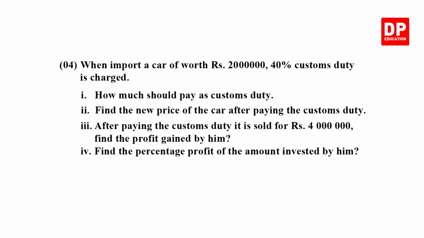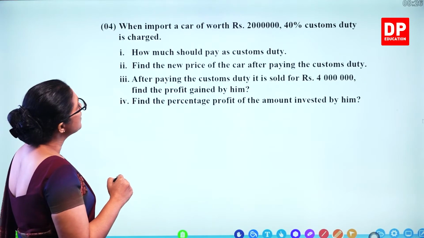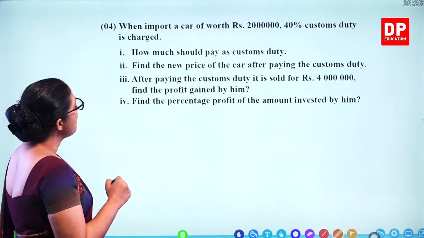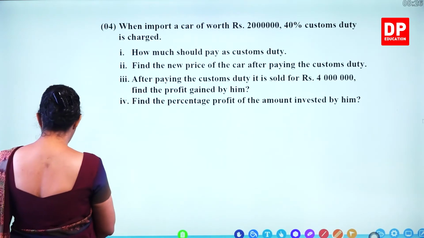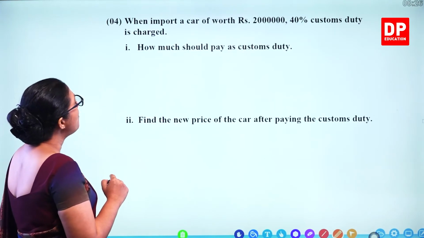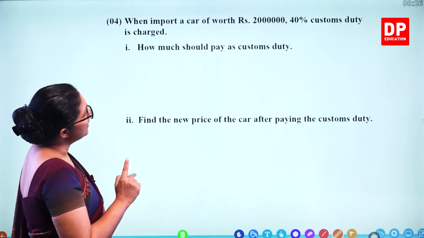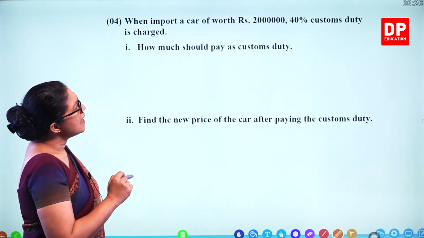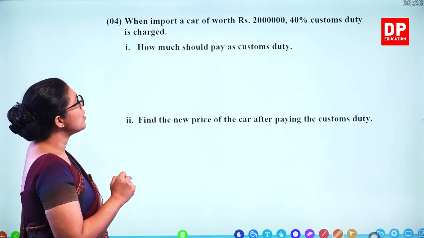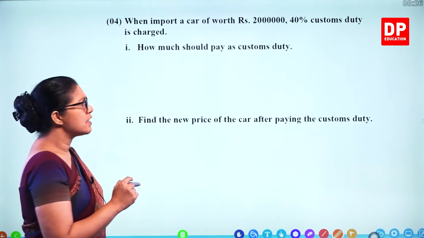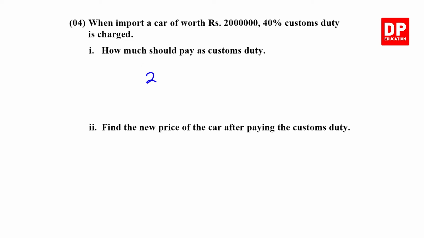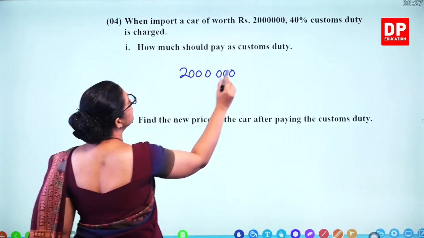Question number 4. So a percentage question. We'll do it separately. When importing a car worth 2 million, 40% customs duty is charged. How much should be paid as customs duty? 40% of that 2 million. 6 zeros are there.